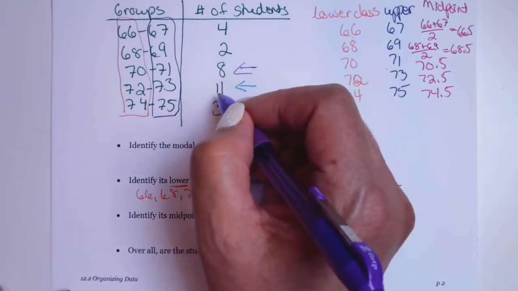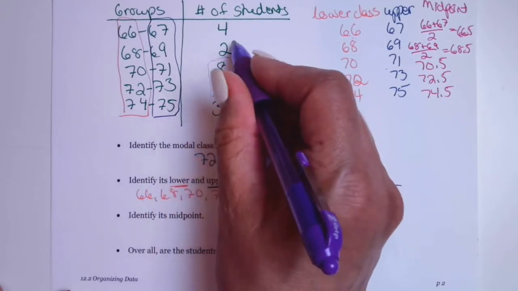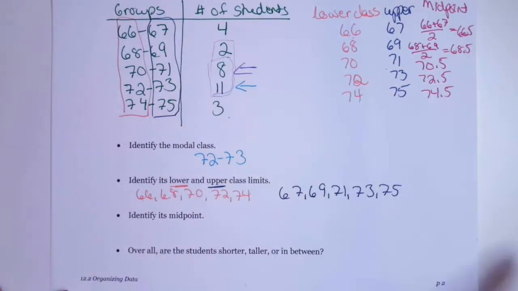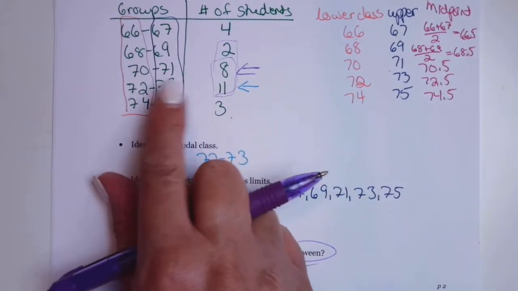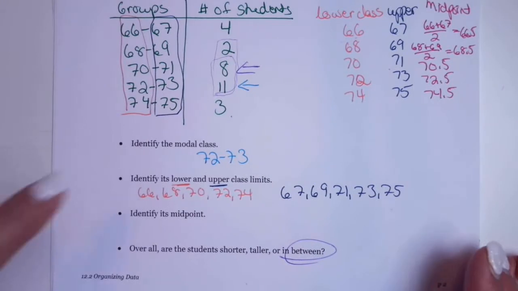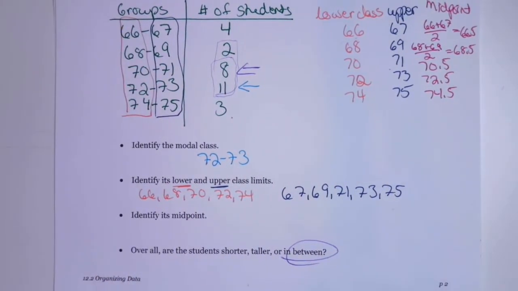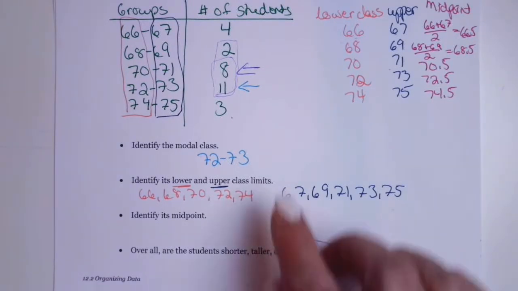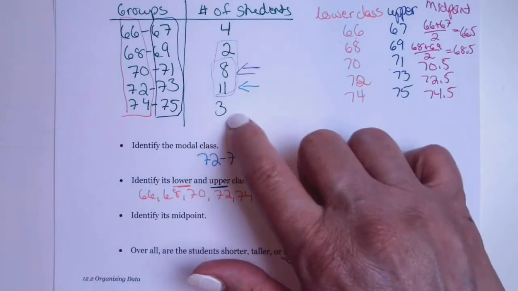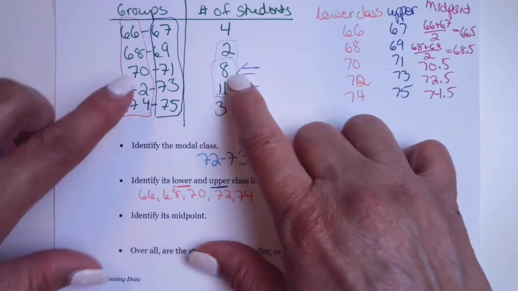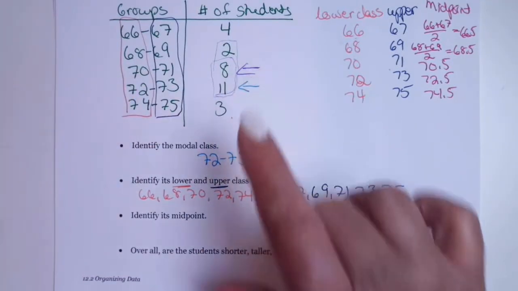So even with the 11 and the 2, it's more in between with this grouping. So it looked different when we did the groups instead of just listing the heights. This one has to be in between because 8 is more than 3, so we have more in the 70 through 71 than in the 74 through 75.